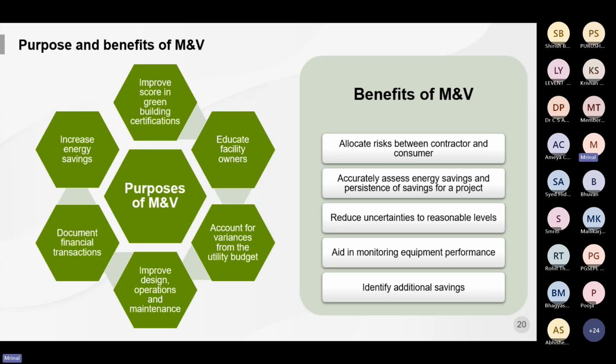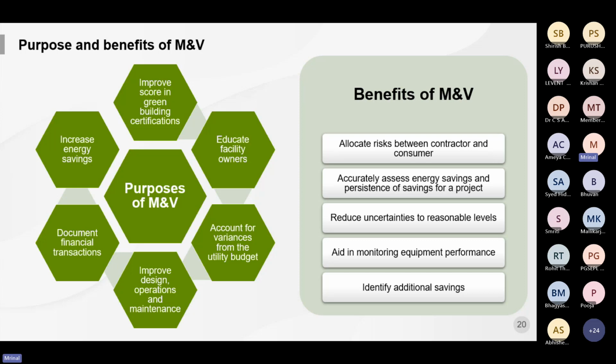It also helps in accurately assessing the energy savings and persistence of saving on a project. It reduces uncertainty to a reasonable level. It can't reduce the uncertainty to zero, but still it reduces the uncertainty in savings by doing several adjustments, several formulations. The uncertainty will be lesser. It also helps in monitoring equipment performance.